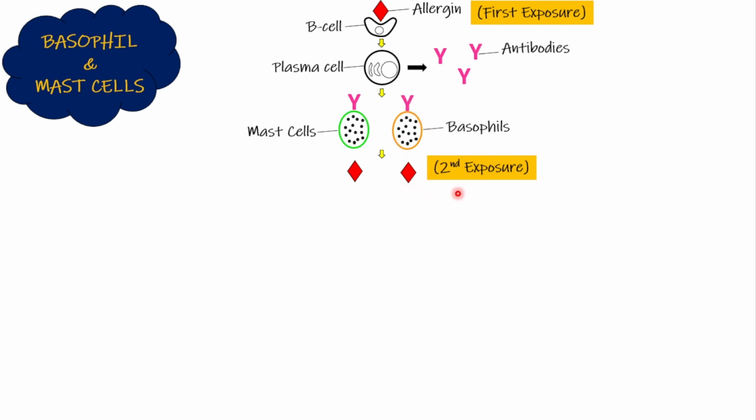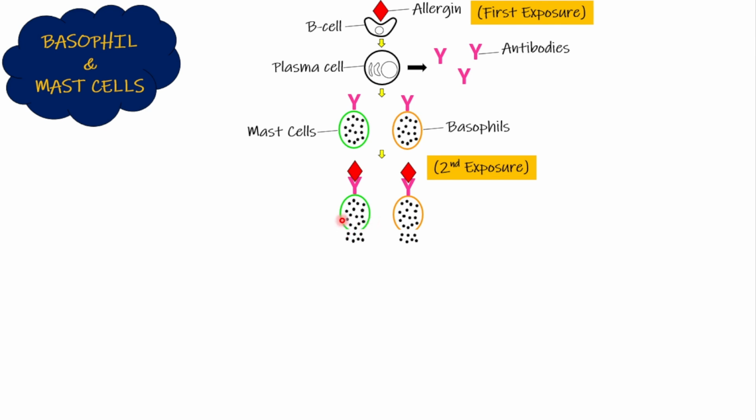Whenever this allergen is attached to the antibody on the mast cell and basophil, this will result in the degranulation of the mast cells and the basophils.